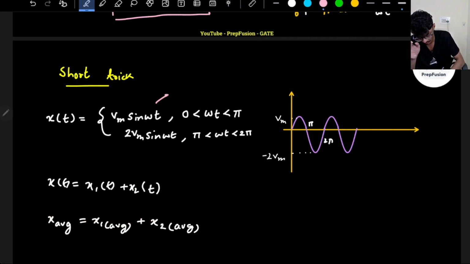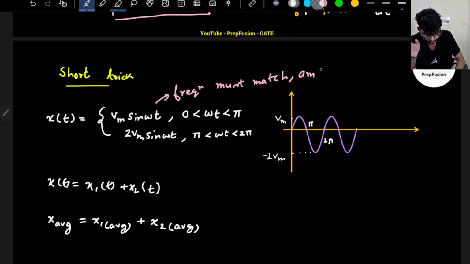So here frequencies must match, and amplitude can vary.